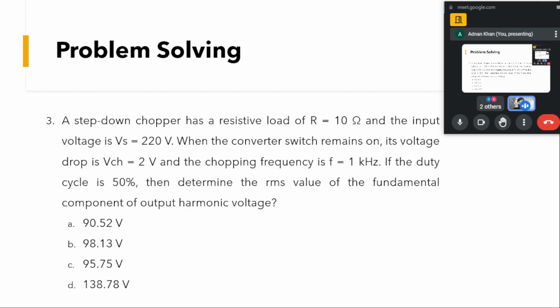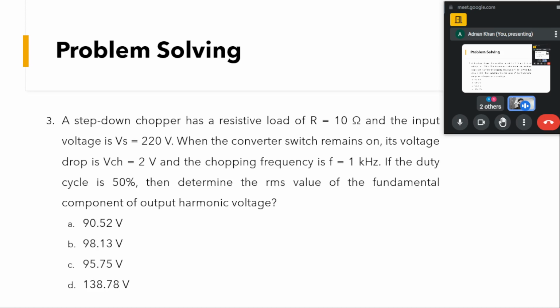Like I told previously, this chopping frequency is the frequency at which we are switching our device. So if the duty cycle is 50%, then determine the RMS value of the fundamental component of the output harmonic voltage.